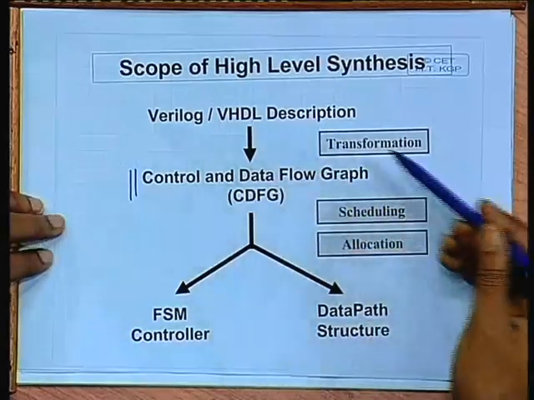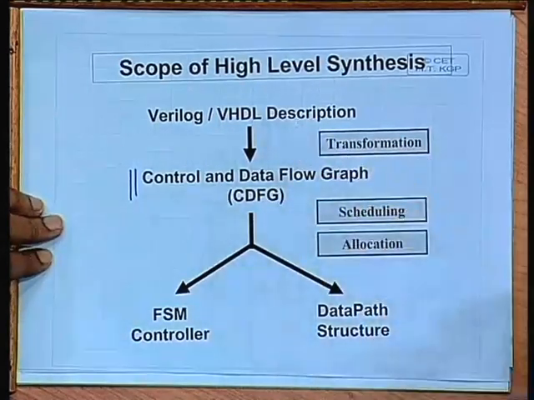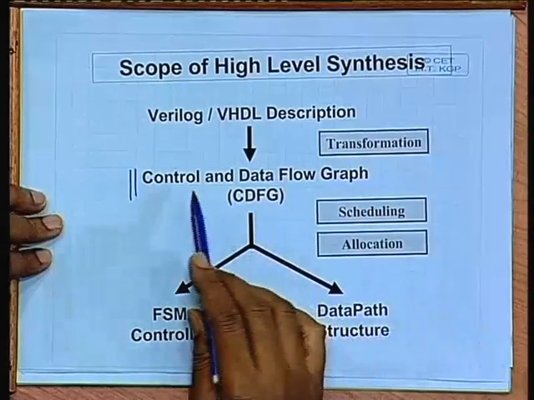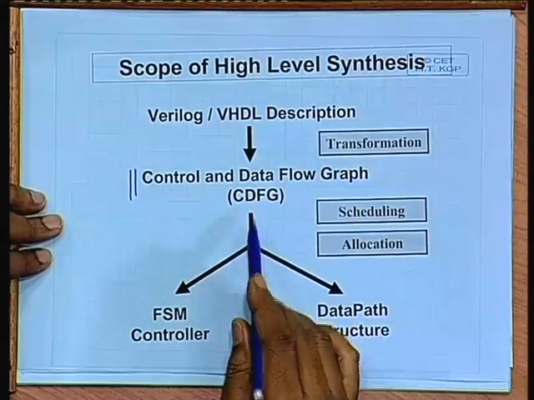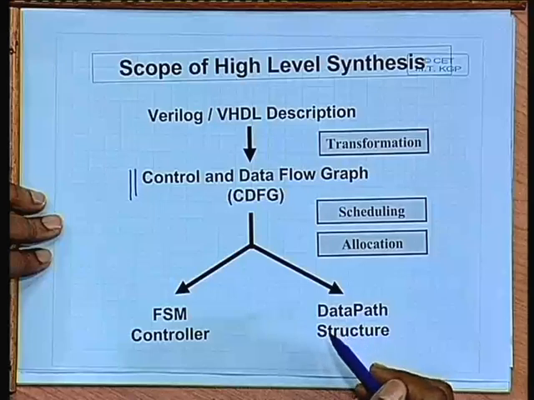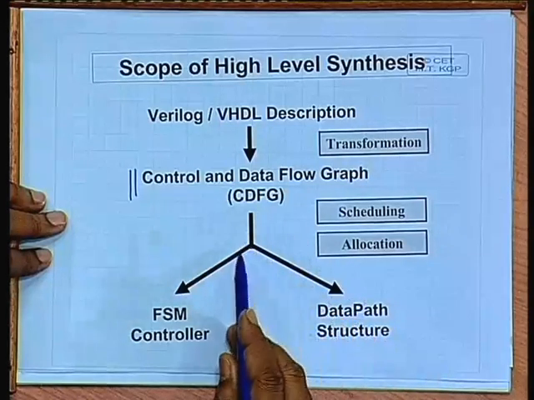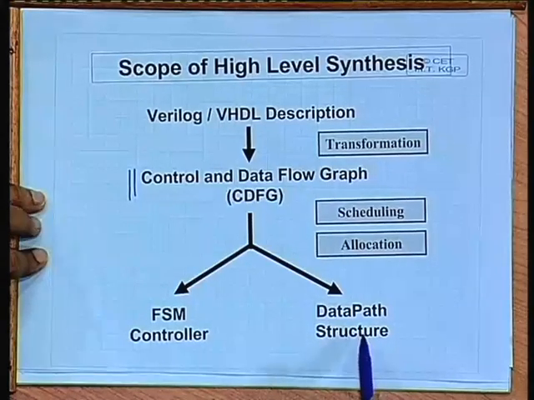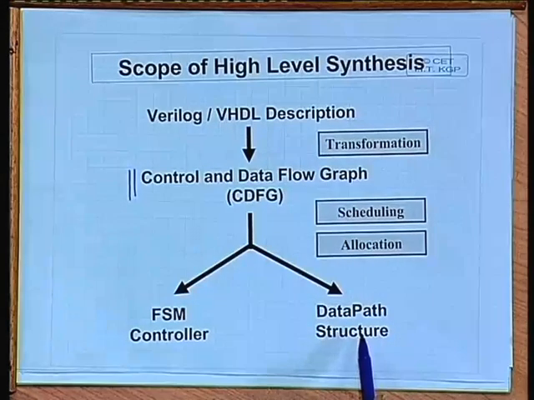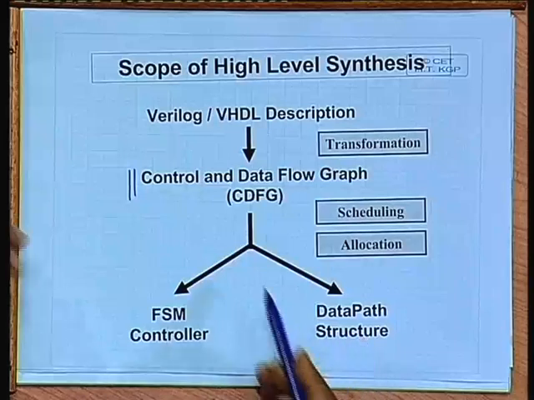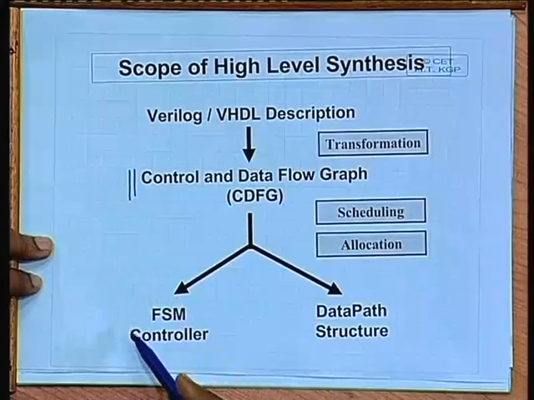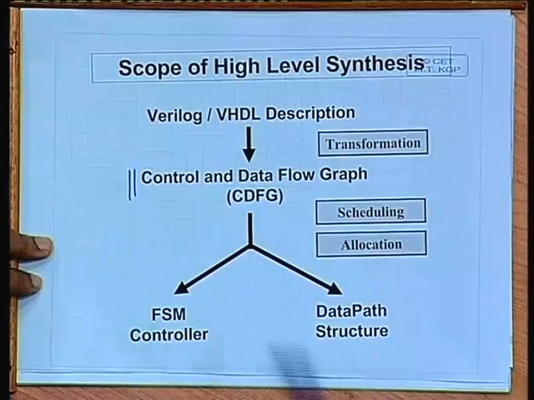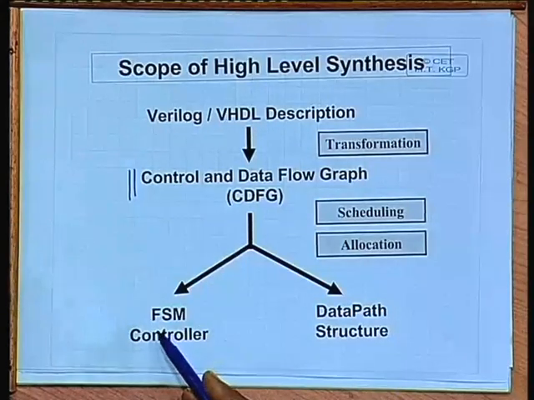This transformation step is needed at the beginning, and from this CDFG there is a sequence of steps you need to follow, through which you will be synthesizing the basic hardware comprising the data path, that means the arithmetic logic unit, bus, registers, etc., and also the circuit which will be controlling them, that means an FSM controller.